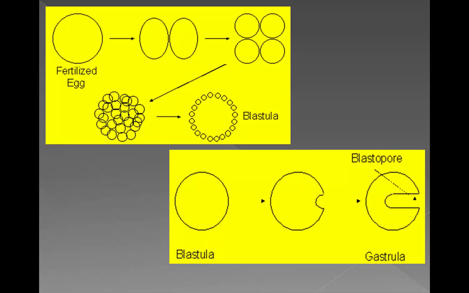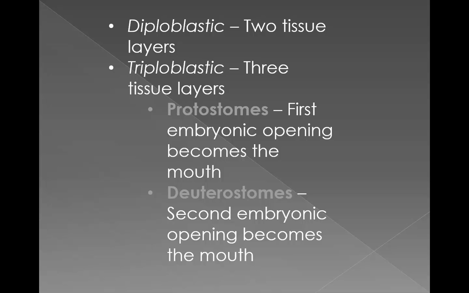And then the blastula invaginates and it forms the blastopore, and at that stage it's called a gastrula stage. If it's diploblastic, diplo means 2, you've got 2 tissue layers. Triploblastic has 3, and the types of animals that are triploblastic are your protostomes and your deuterostomes.